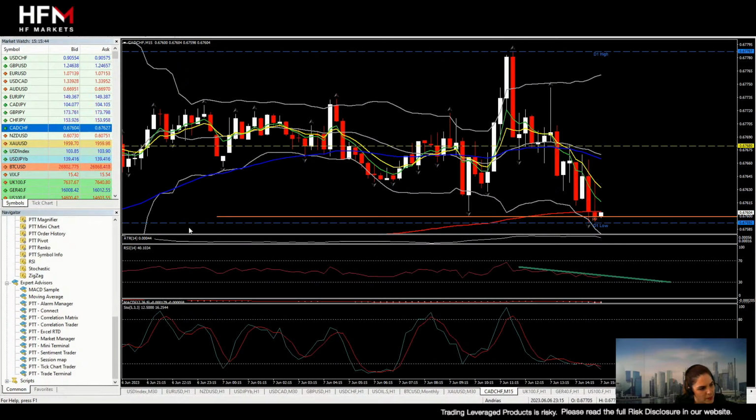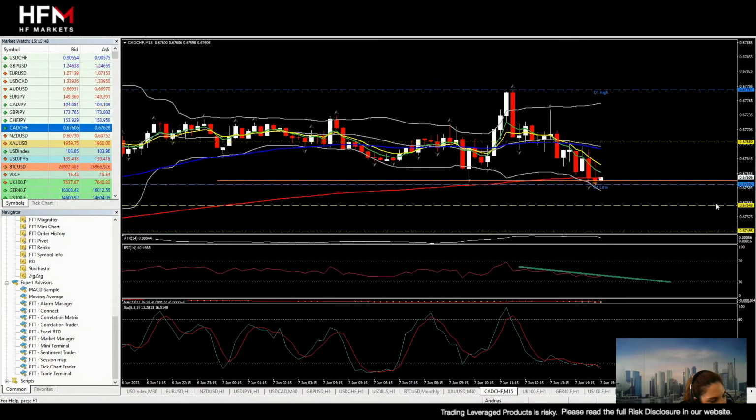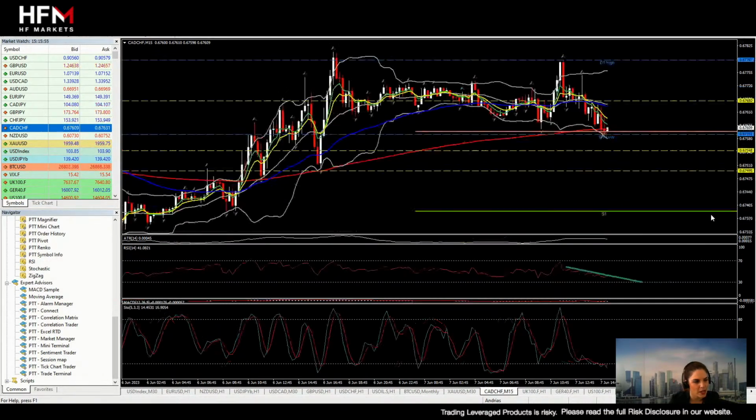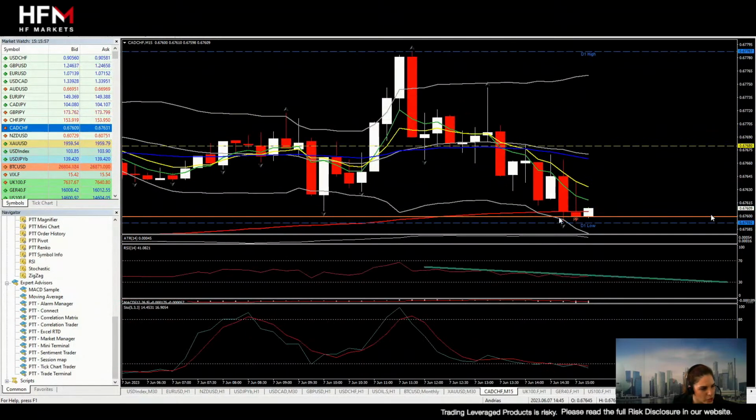However, only a fresh low could suggest what I said earlier, a retest of these two immediate support areas. We need a fresh breakout. We need a fresh low.